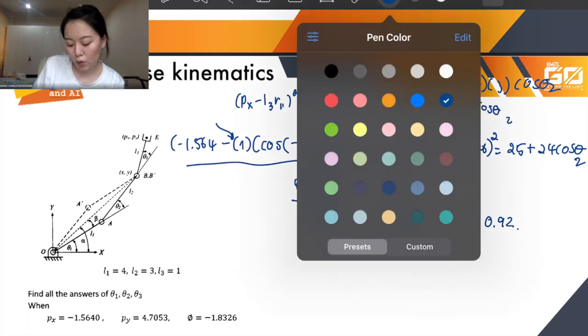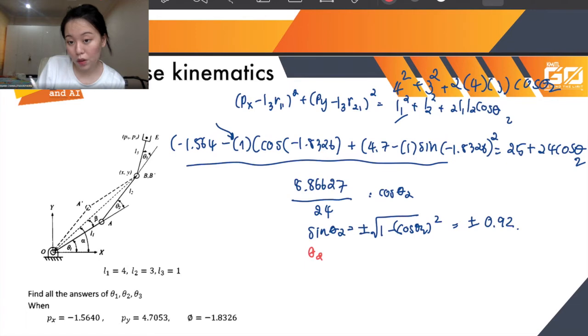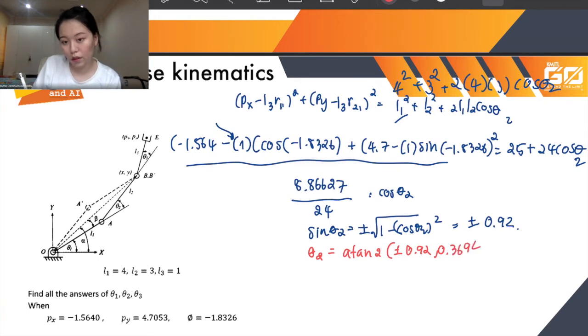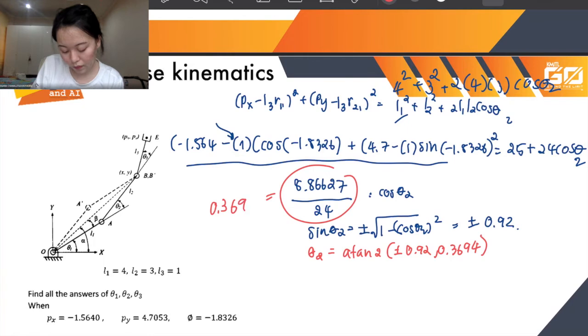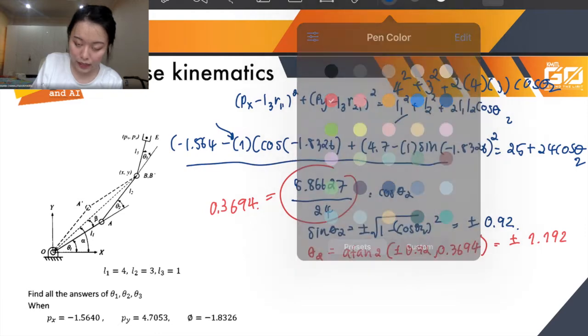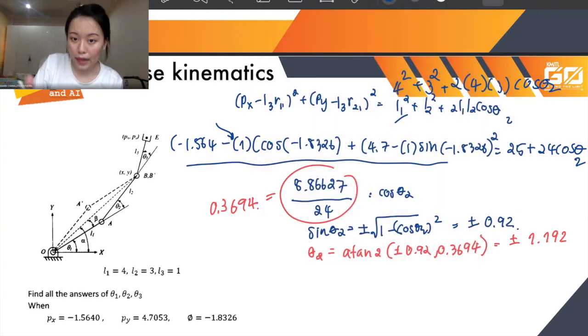And we get theta 2 equal to atan2 of plus minus 0.92 and 0.3694, and we'll get it equal to plus minus 1.192. And next, we will find theta 1.